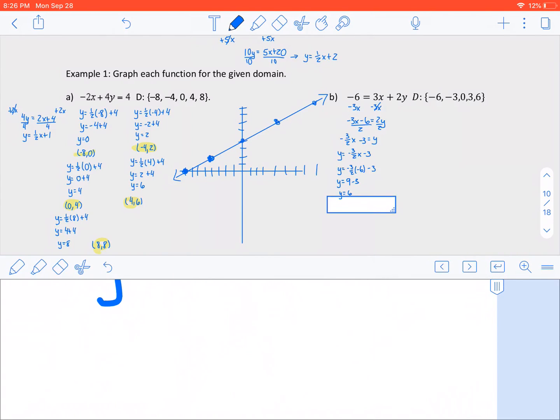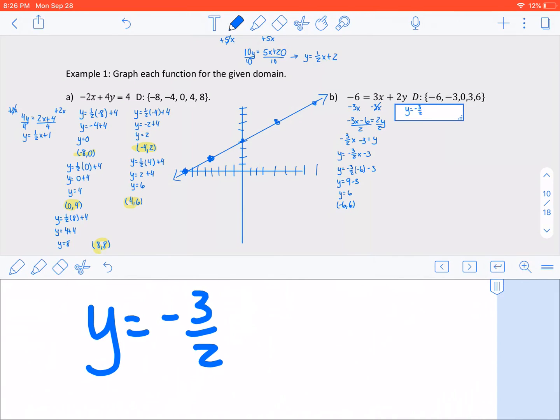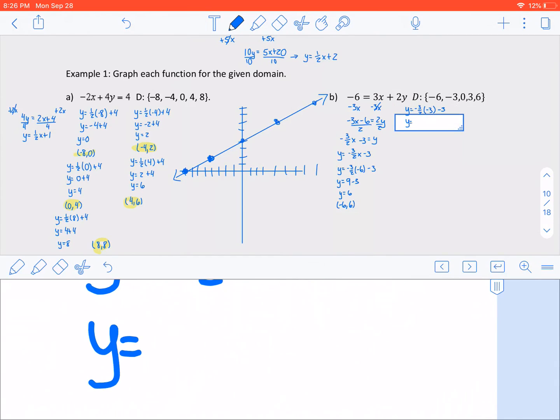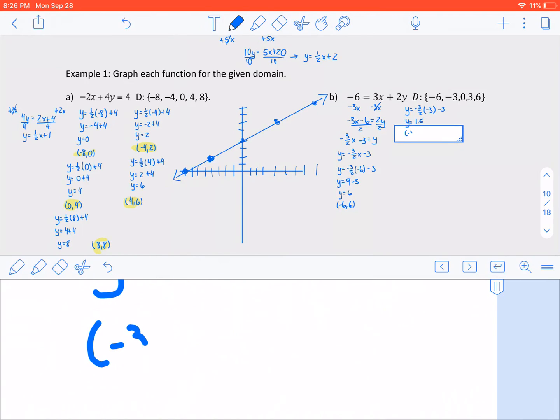So my ordered pair is going to be negative 6, 6. Next one, y equals negative 3 halves times negative 3 minus 3. Y equals negative 3 times negative 3 is 9, divided by 2 is 4.5. 4.5 minus 3 is 1.5. We got a decimal. That's okay. So I get negative 3, 1.5.